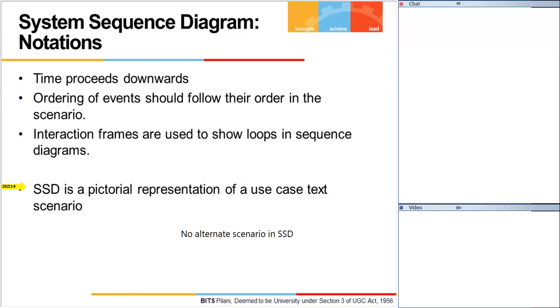In later iterations of the elaboration phase, when we have our domain model also ready and we know what are the analysis classes, then the idea is to refine the system into its analysis classes and decompose the system sequence diagram to draw the sequence diagram, right? So they are not replaceable by each other.